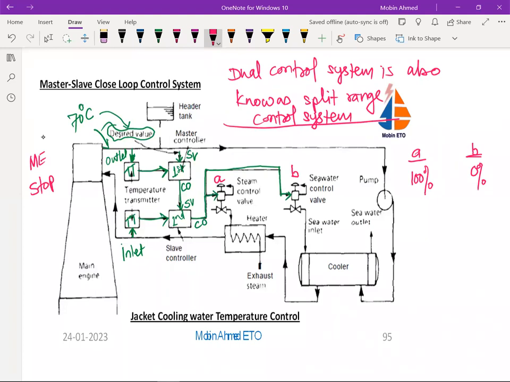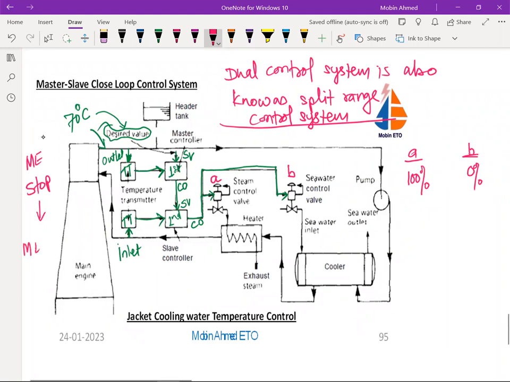Okay. Now if the temperature is going to rise, when the main engine starts, or when the main engine is going full away.